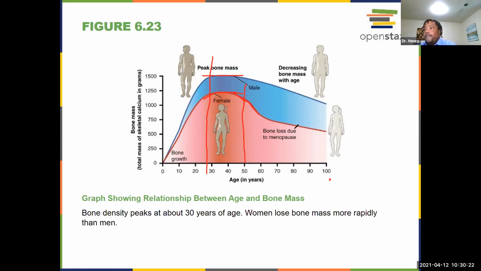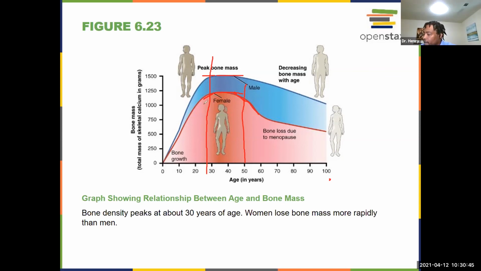So things that are going to affect your skeletal system: you're going to have various hormones responsible for affecting it. We know that sex hormones play a huge part in it, based upon this graph. Growth hormones also play a huge part, because we all see at the beginning, we grow.